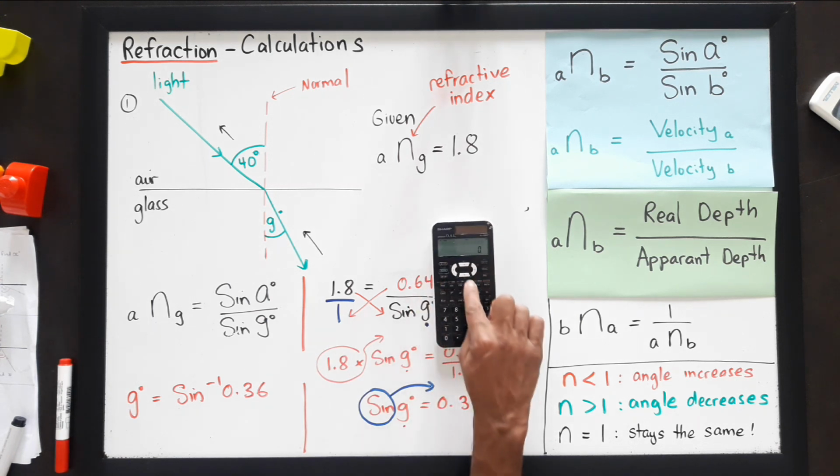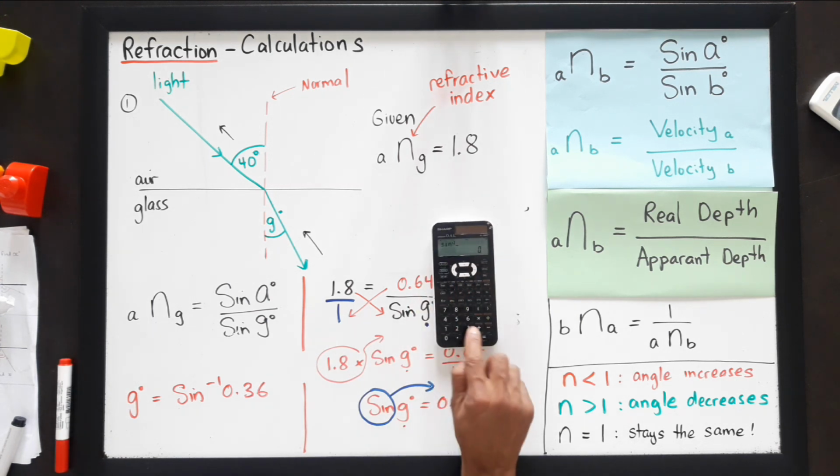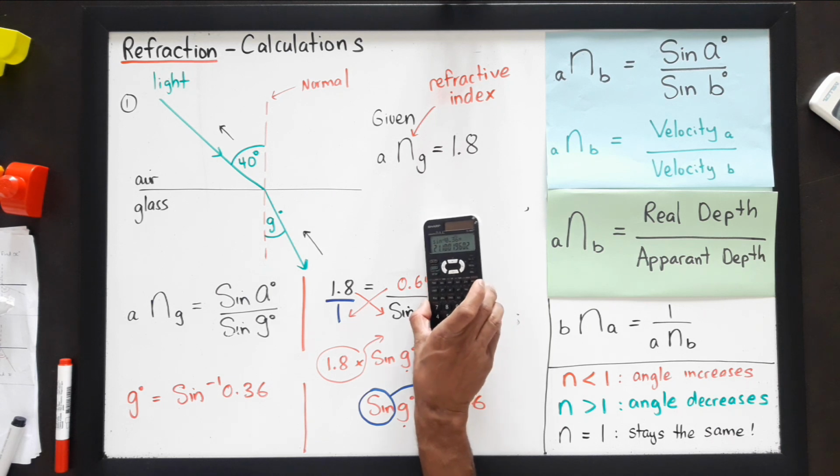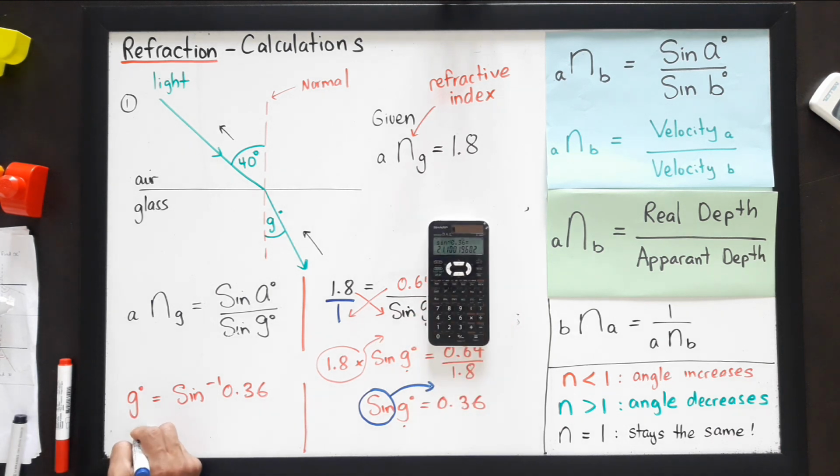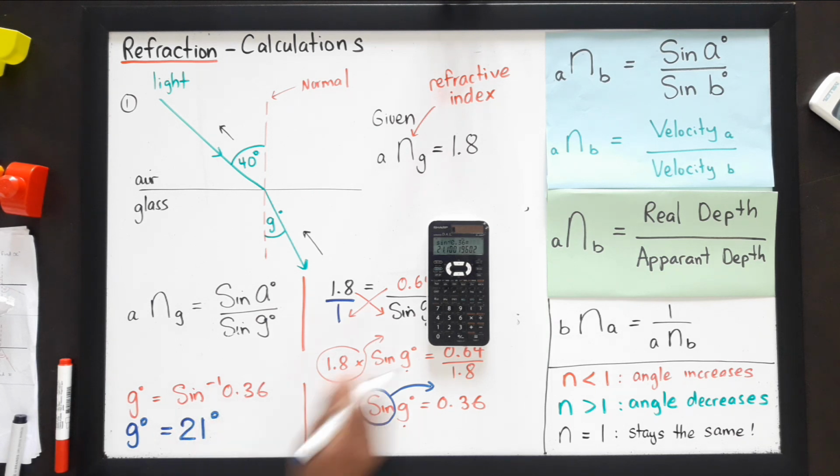You press second function, sine. You'll see the sine minus 1 up here, and just type in 0.36. And we get 21 degrees. Well, real close to 21 degrees. So the angle G is 21 degrees. 21 point something, I'm just going to put 21.